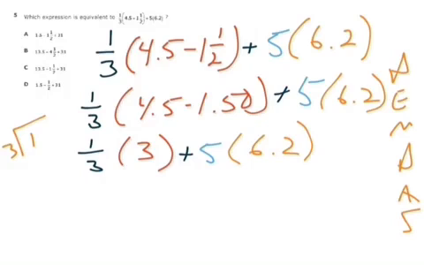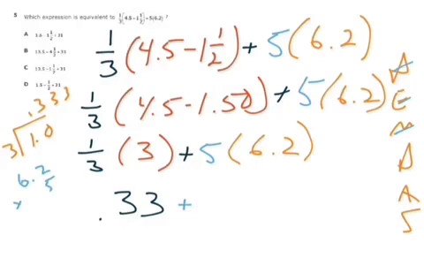You're going to get 0.3 repeating, so we can just make it 0.33. We do multiplication next, since we did parentheses and don't have exponents. Now we need to do 6.2 times 5.